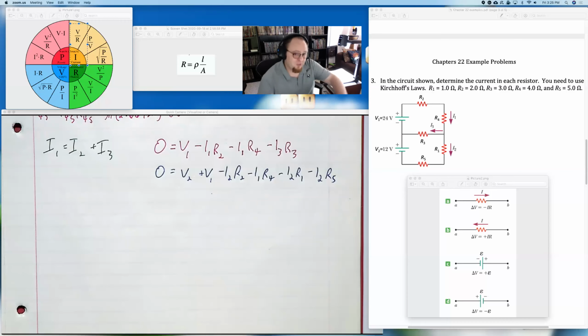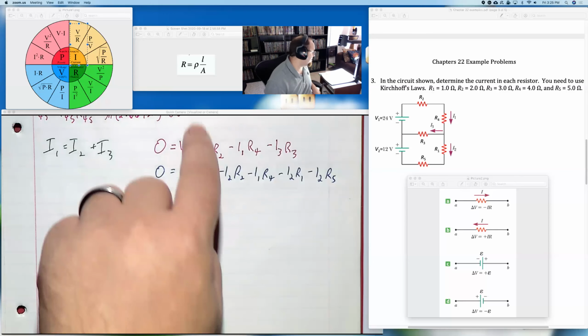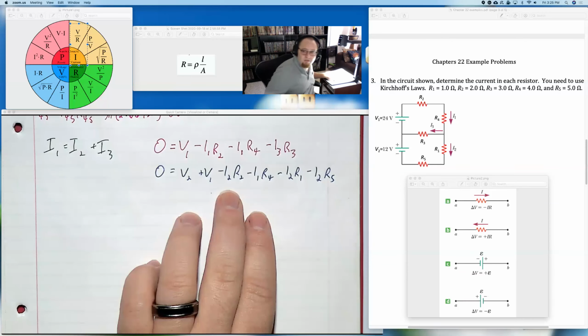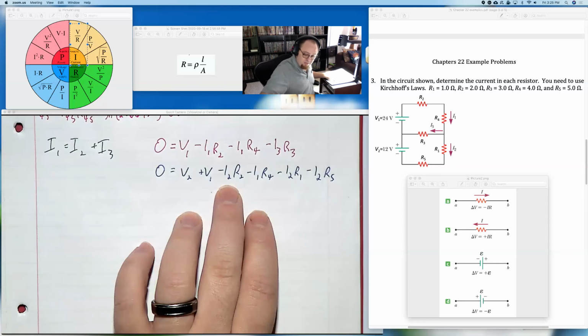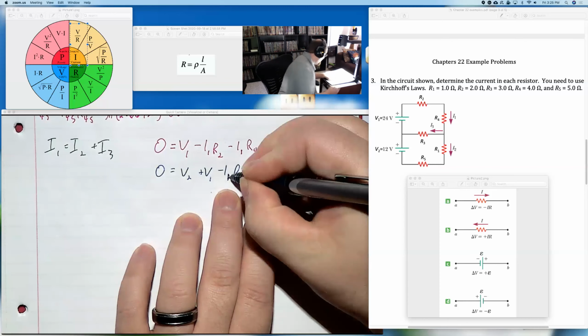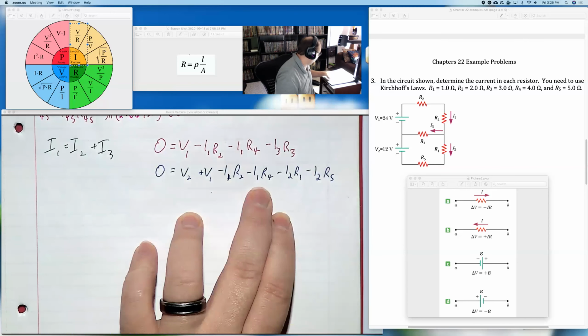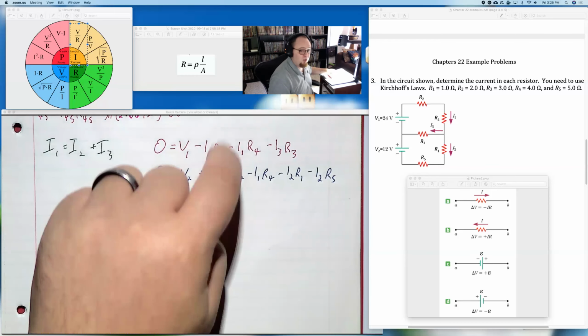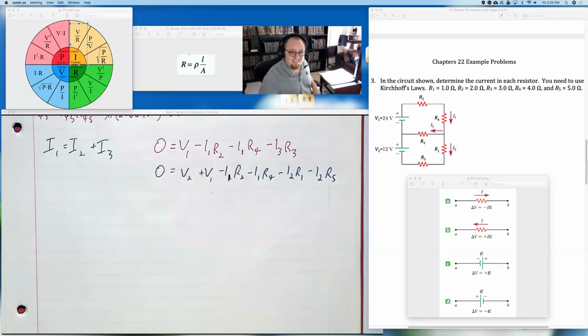The way I like to do these is, I'm solving for I1, I2, I3. I1 is in all 3 equations. So, wait a second, there's a slight mistake here. That was I1: I1 R2, I1 R4. Yep, I1 is in all 3 equations. So what I'm going to do is take my 2 loop rules and solve for the bits that aren't I1.